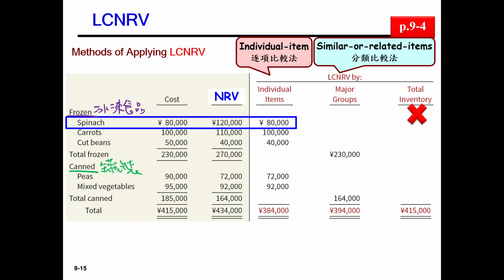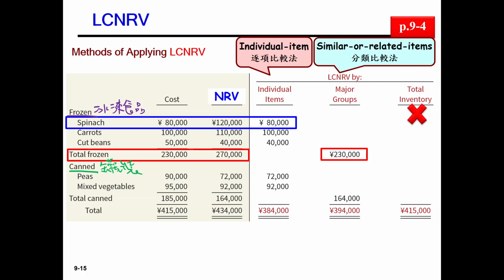The second way is based on the group. So right now the group is based on the same or similar products. So for frozen food, we look at the total amount. When you look at the total amount, skip each item, just look at the total amount and compare the cost for these two.